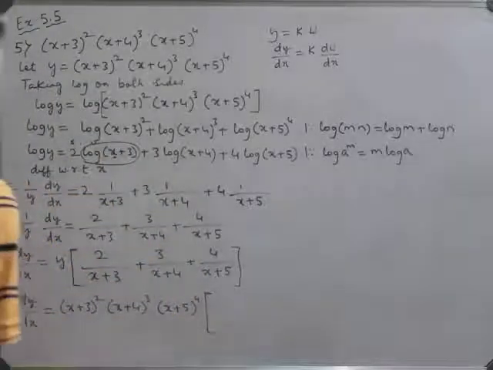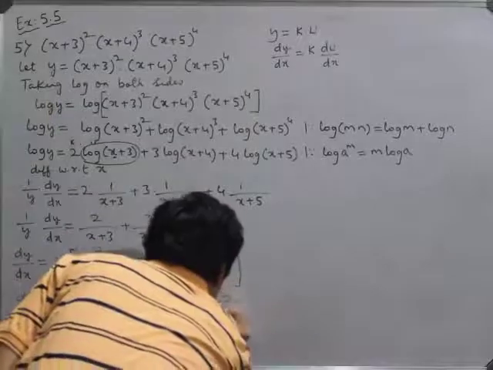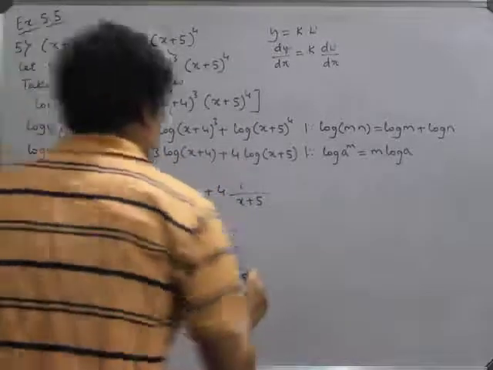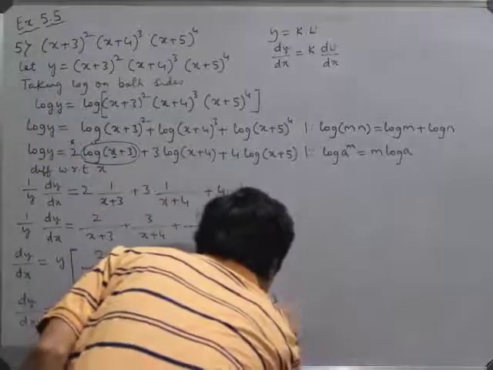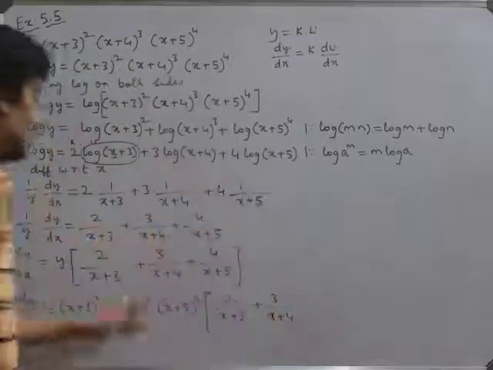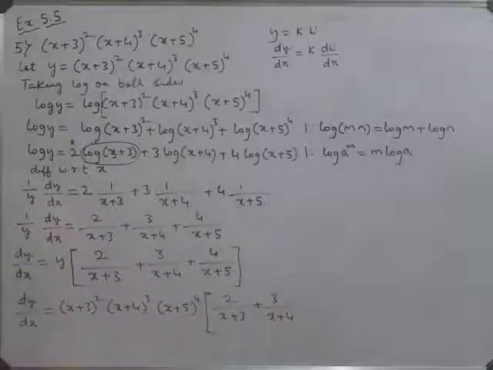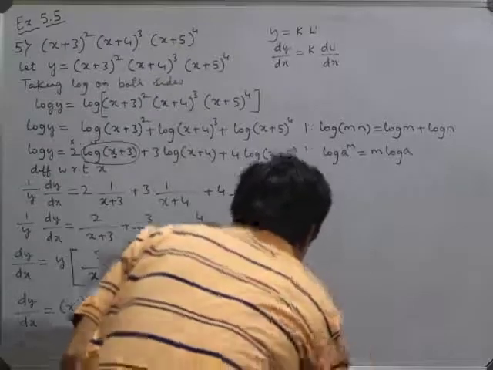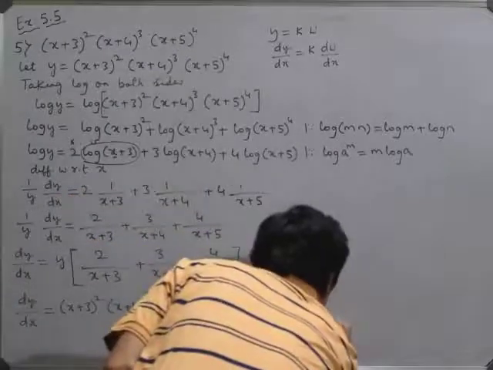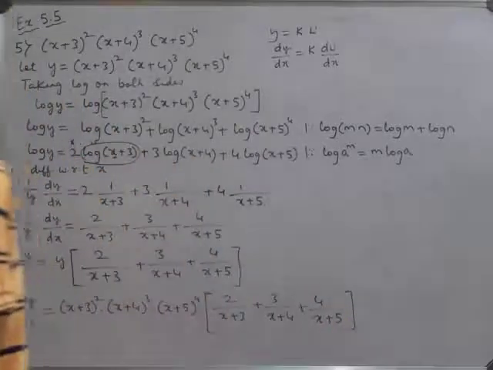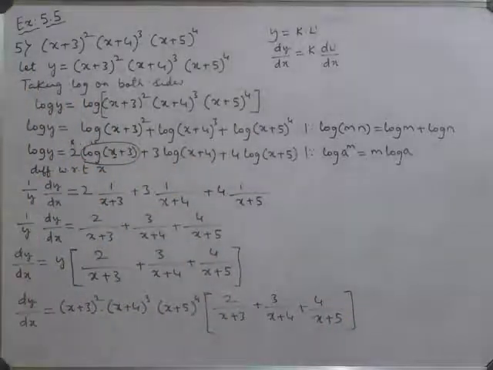So what will we get here? 2 by x plus 3 plus 3 by x plus 4, this term I am writing as it is, plus 4 by x plus 5.